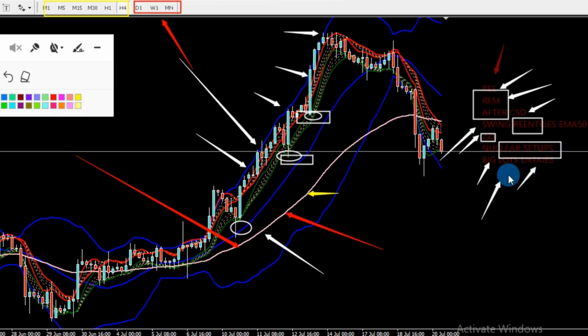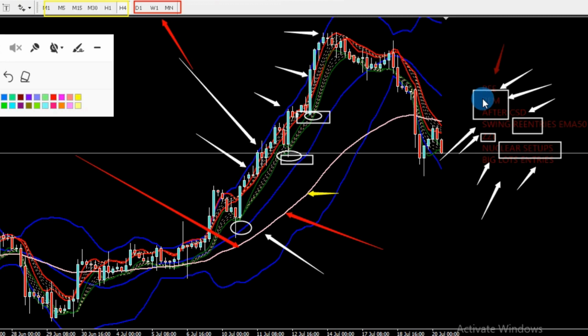But without zero zone loss, nuclear setups, big lots, and swing re-entries, you can easily make money with REE or REM. Mostly my members are passing their challenge without making any advanced setups.